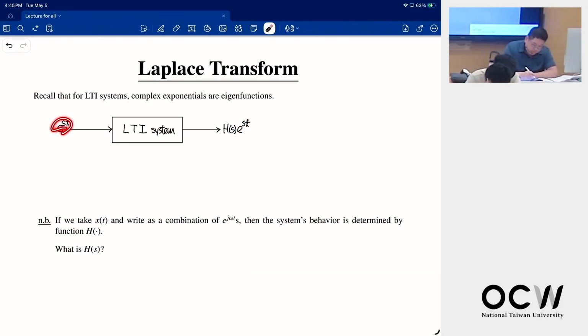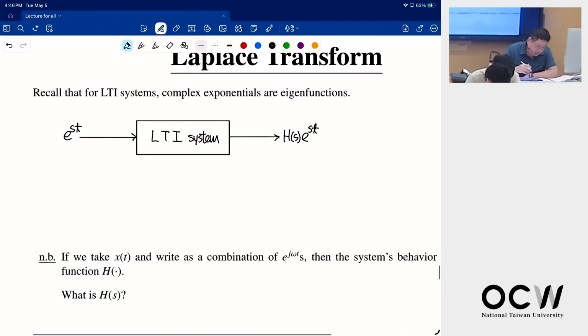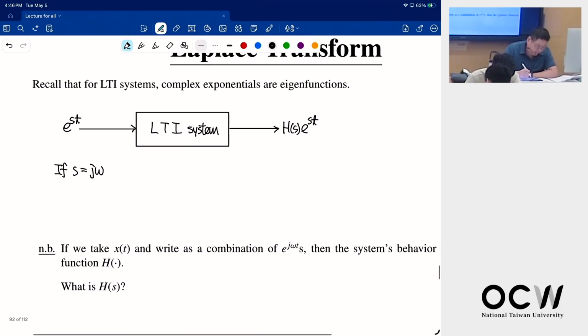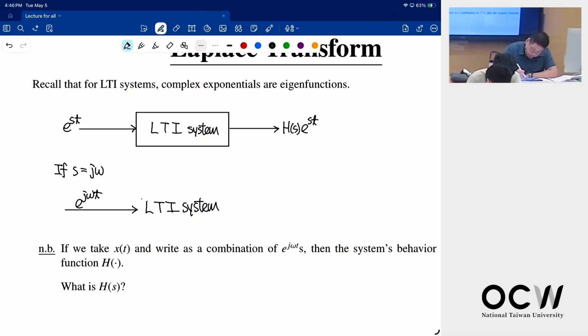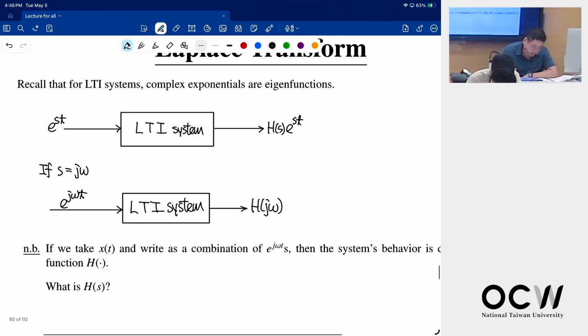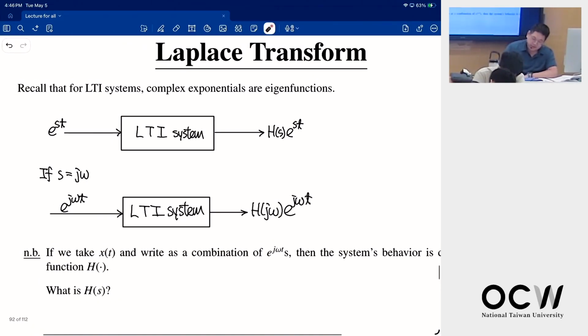But now, if I say s is just j omega, in this case, this is the complex exponential, and it still goes into the LTI system. Here we also have a coefficient, a scale, times the same frequency.